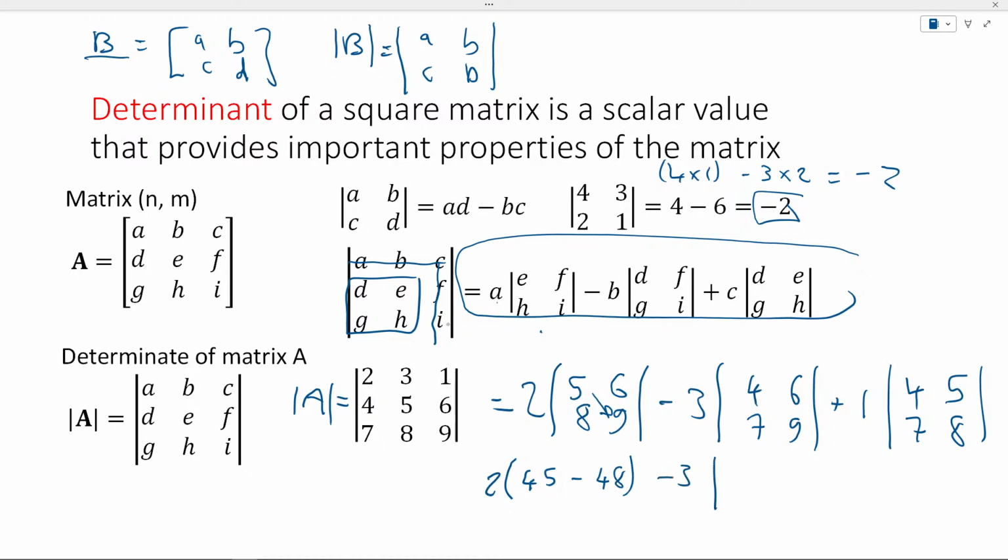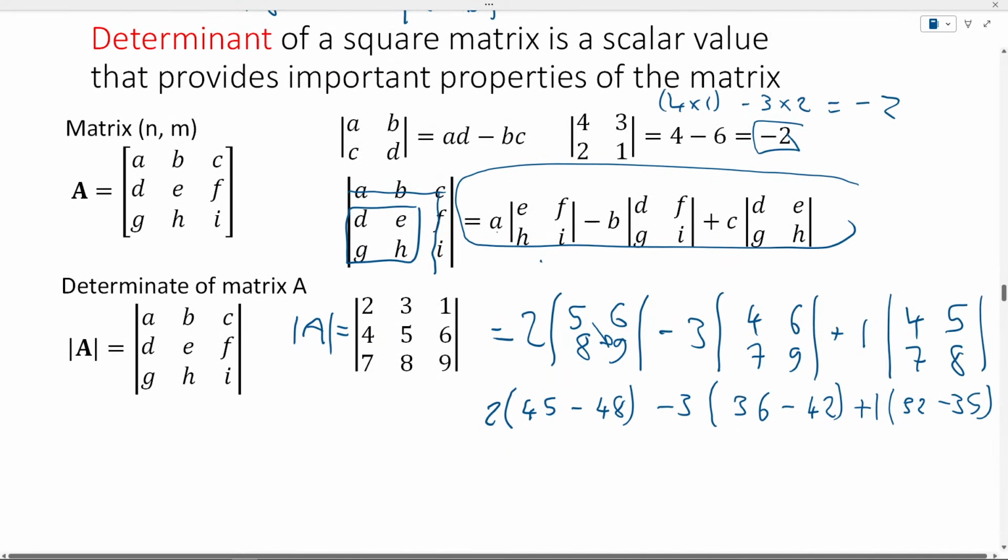Negative 3, and that would be 4 times 9, that is 36, minus 7 times 6, that is 42. Plus 1 times 4 times 8, that is 32, minus 5 times 7, that's 35.